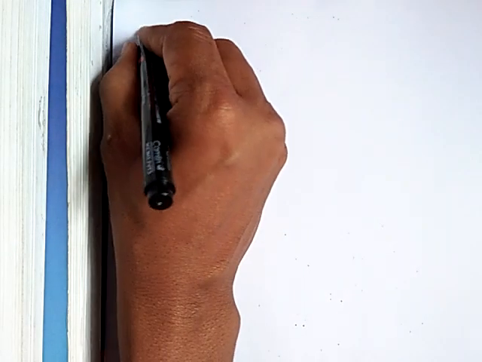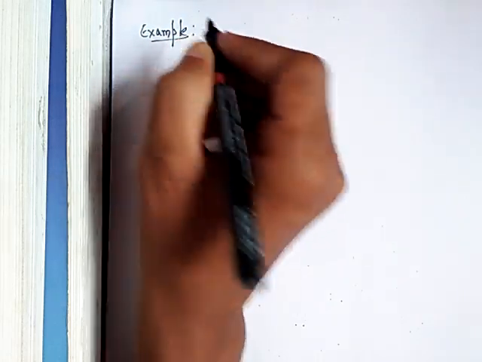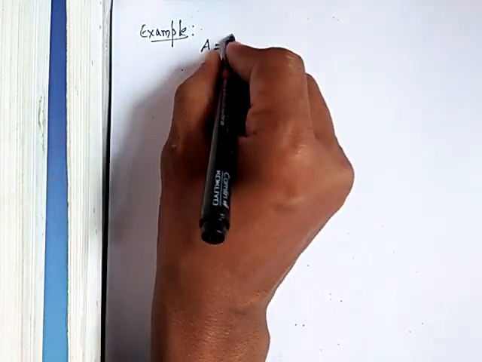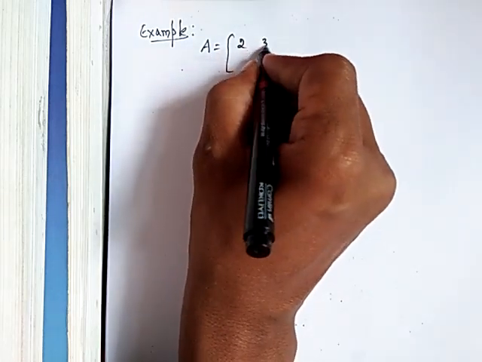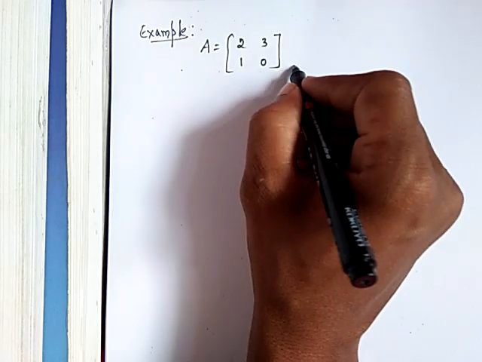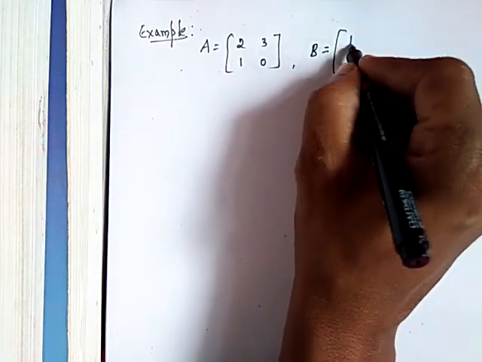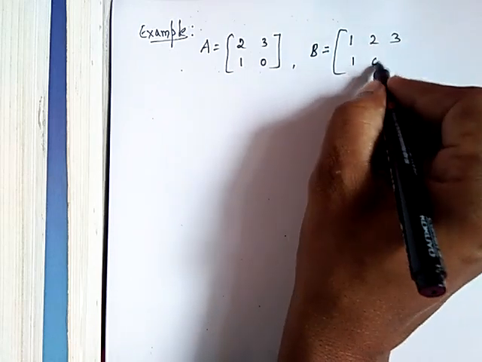So the same example you can take. For example, suppose A is equal to 2 3 1 0. One more I will take, B is equal to 1 2 3 1 0 1.